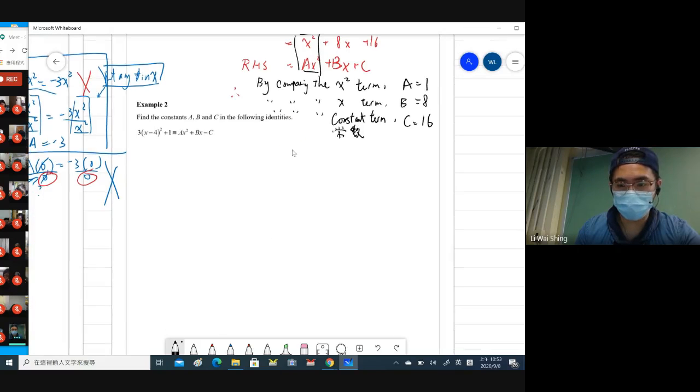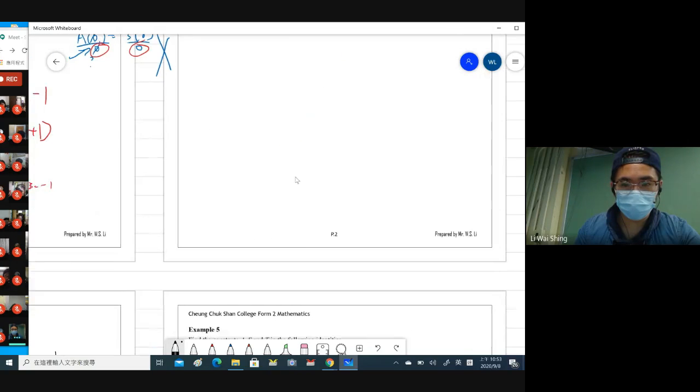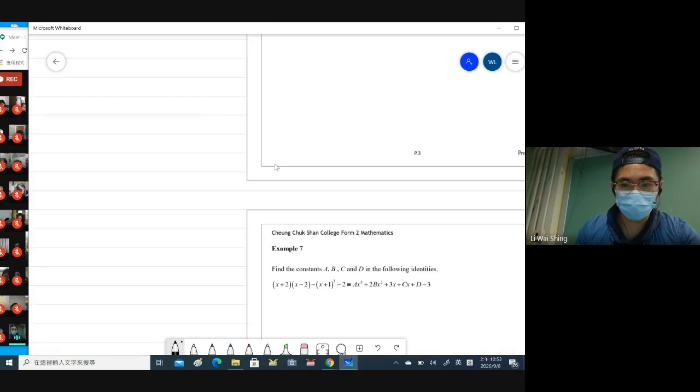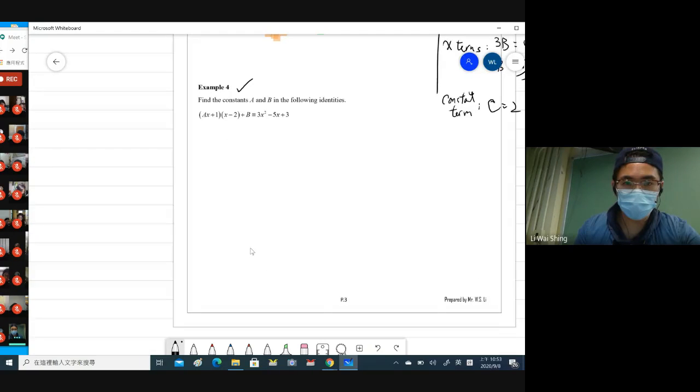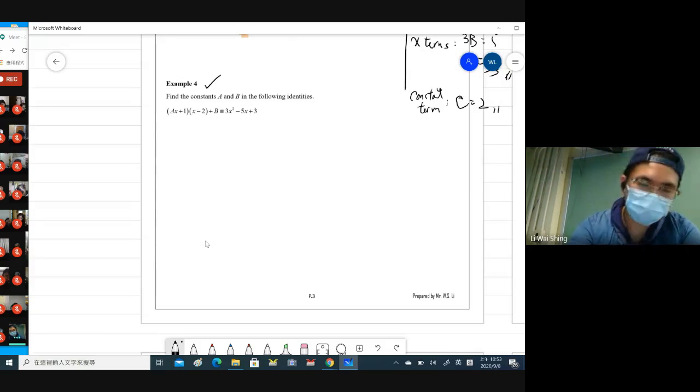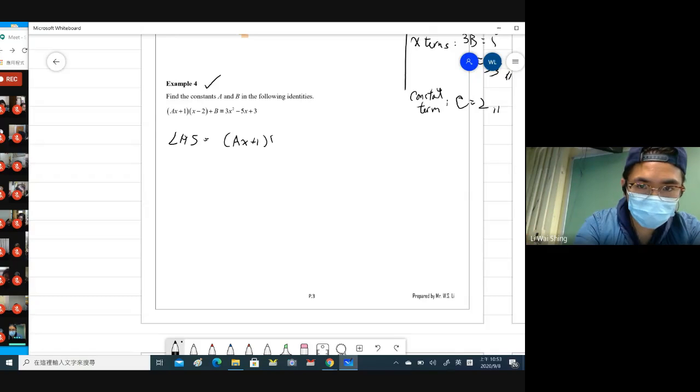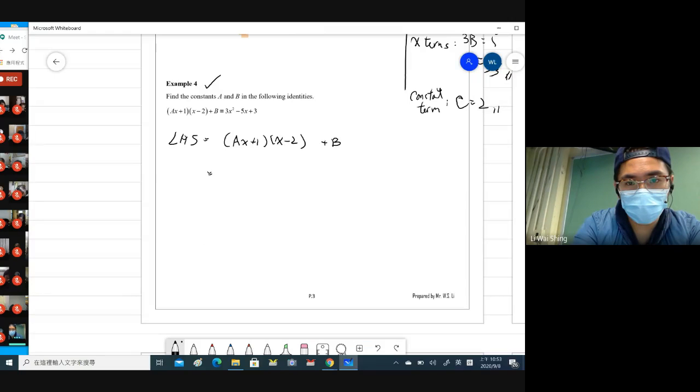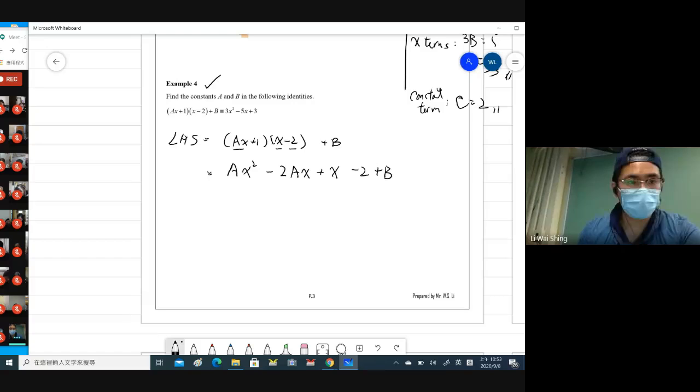Okay? Example 4. So let's do it together. Okay, here. So all practice, left-hand side, right-hand side. So expand it. ax times x, ax squared, ax times minus 2, minus 2ax, plus x minus 2 plus b.